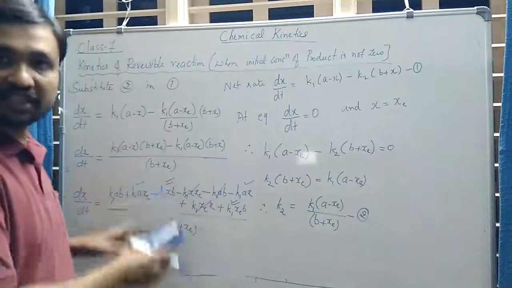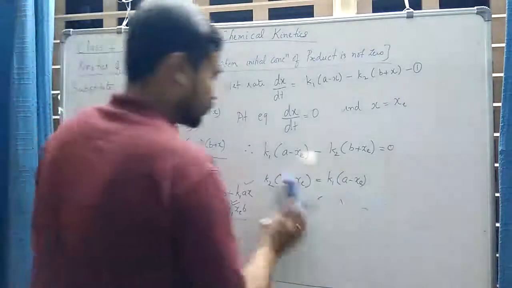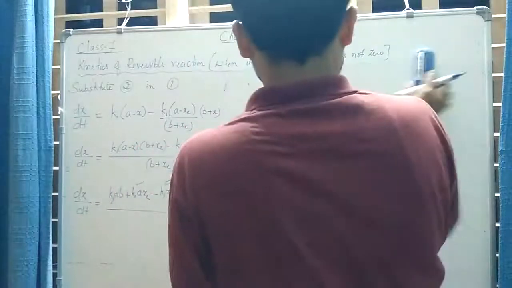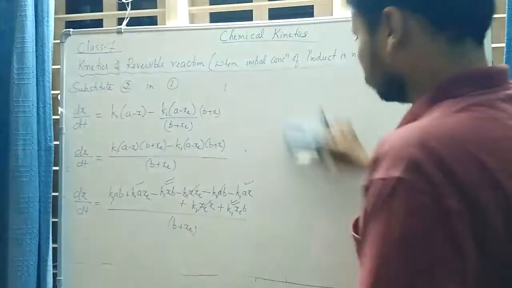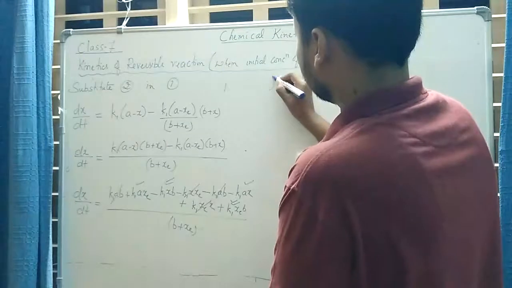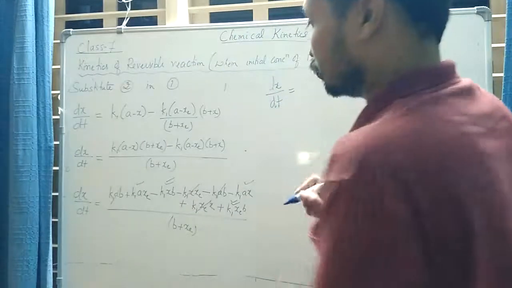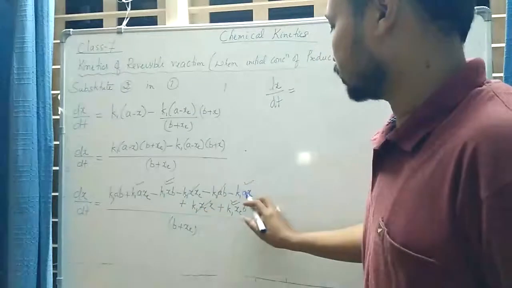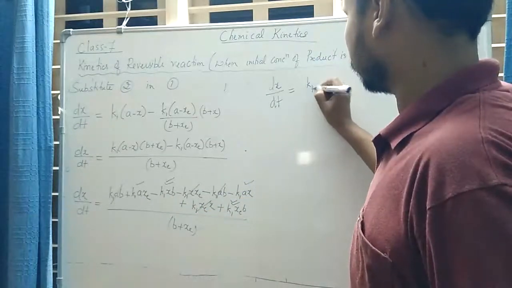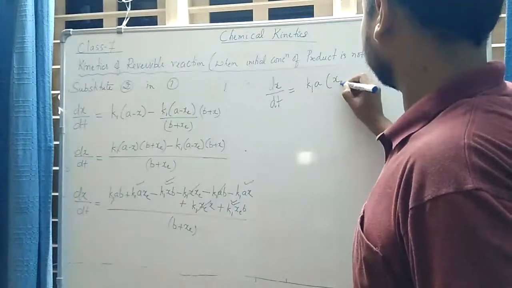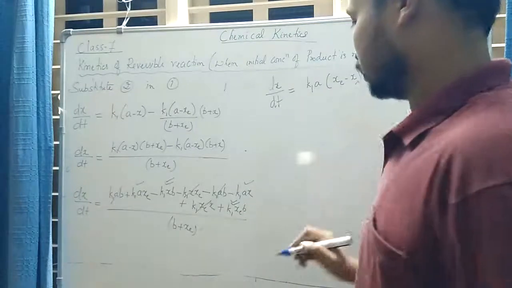So we can further simplify the numerator and write dx by dt is equal to, let me consider these two terms, k1 into a is common, into (xe minus x).